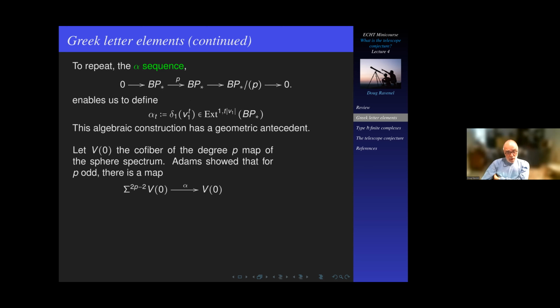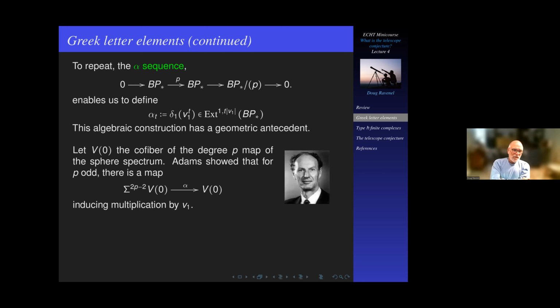Adams showed that when P is odd, there is a map from the 2P minus 2 suspension of V0 to V0, a map that I'll call alpha. This induces multiplication by V1 in BP star homology, which means it induces an isomorphism in the first Morava K-theory, K1 star.